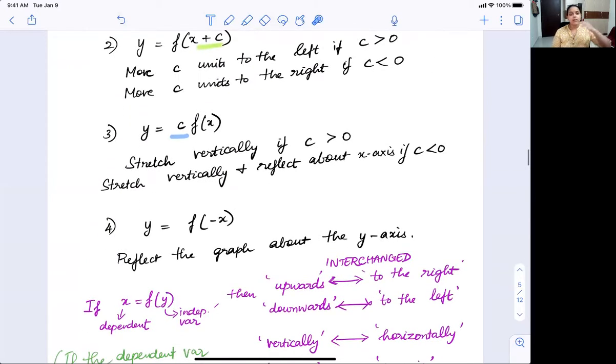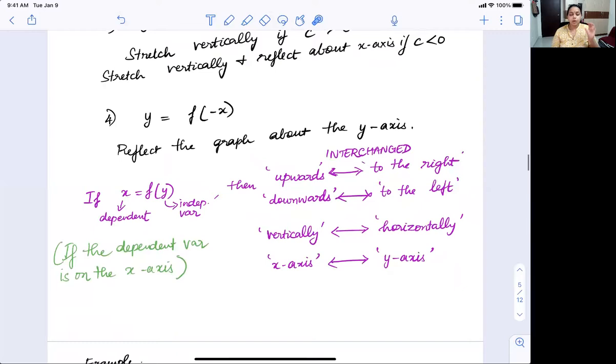When you multiply, you're going to stretch vertically, and the magnitude will determine whether it's going to lie above or below the original line. And when you multiply by a negative number, you stretch vertically and you reflect about the x-axis. And when you have to plot y as f of minus x, it's going to be the same as f of x, but it's going to be reflected about the y-axis.